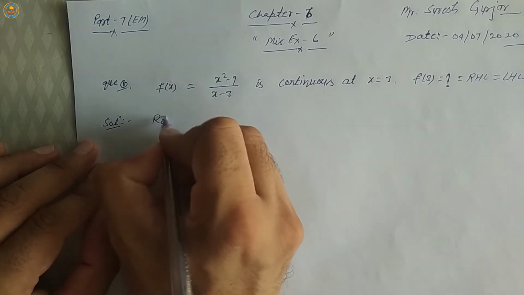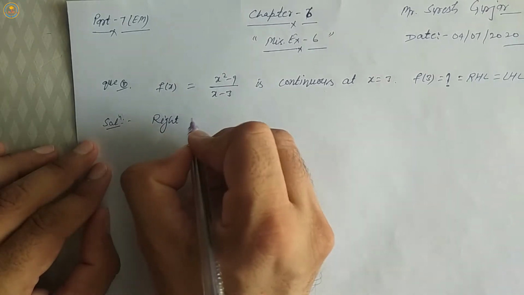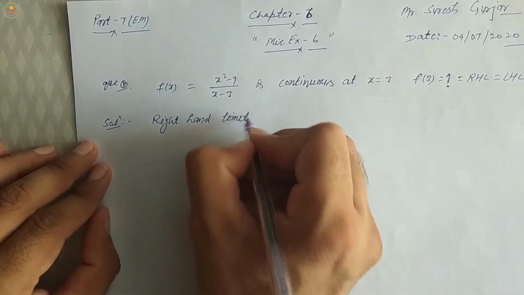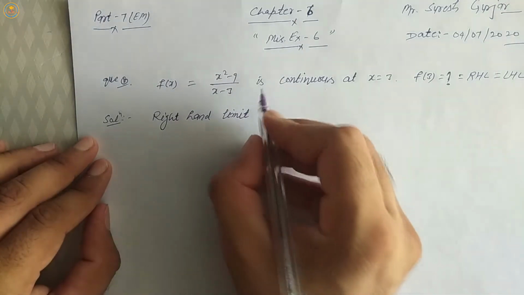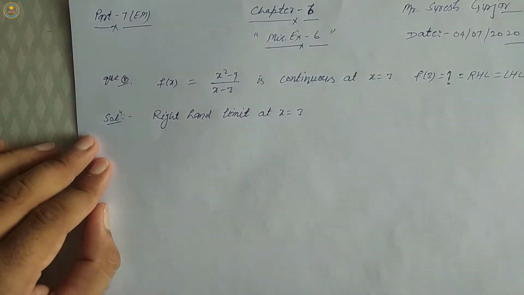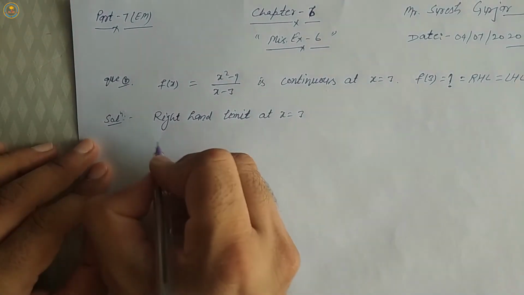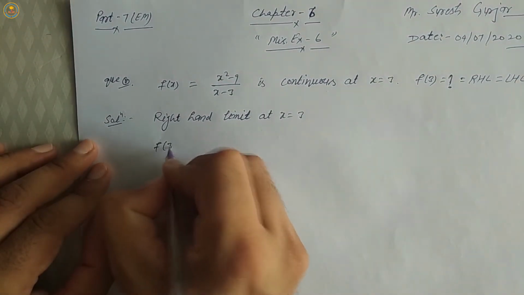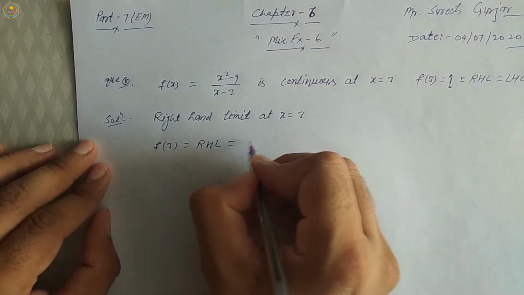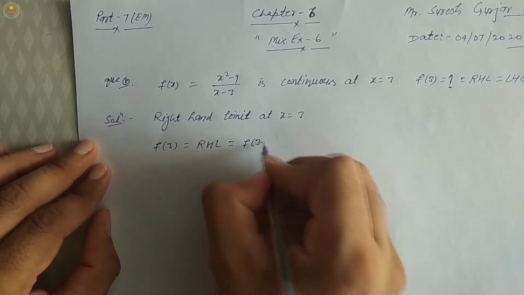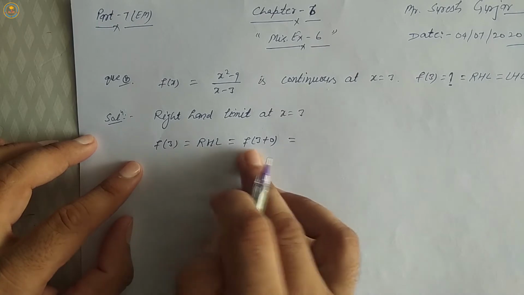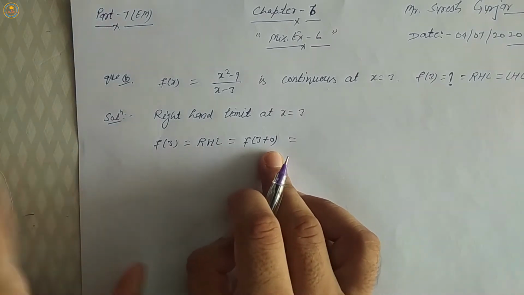Right hand limit at x = 3. f(3) is equal to RHL, which is f(3+0), either one.